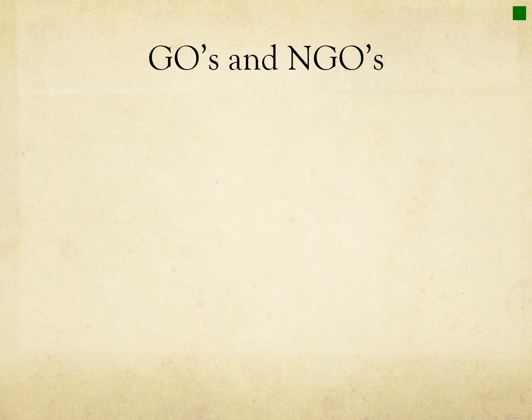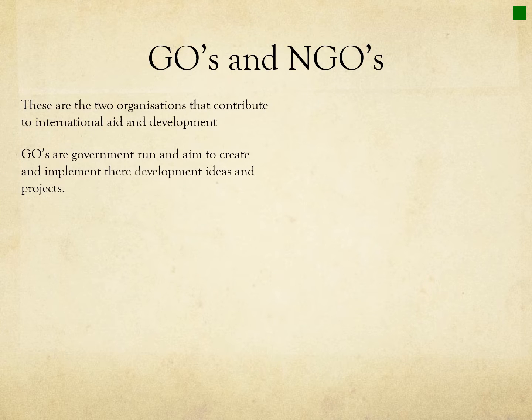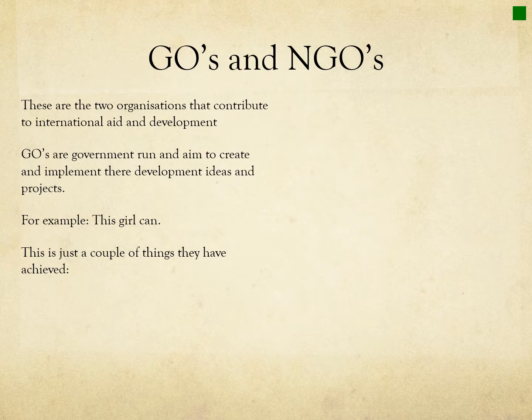Going on to more present time, these are the two organisations that contribute to the international aid and development: GOs and NGOs. GOs are government run and aim to create and implement their development ideas and projects. For example, This Girl Can.